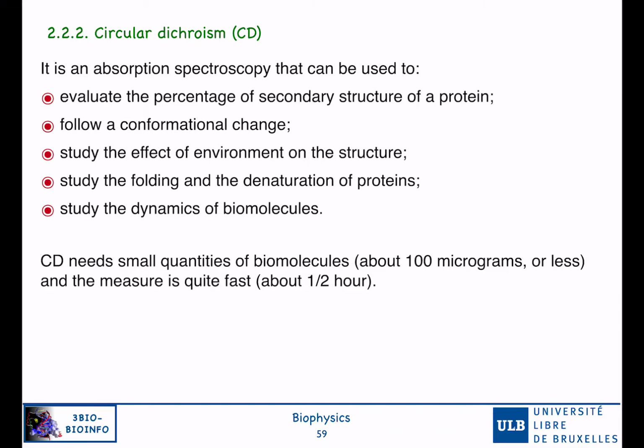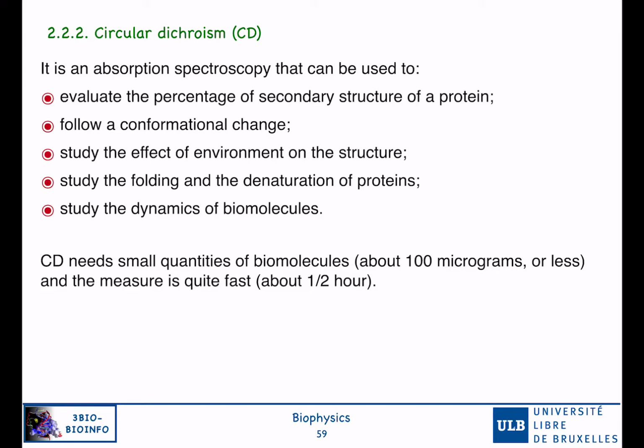And in fact, you can use this method to quickly evaluate the percentage of secondary structure of a protein, to follow conformational change, to study the effect of the environment on the structure, study folding, the denaturation process of proteins or DNA, but also to study the dynamics of biomolecules.